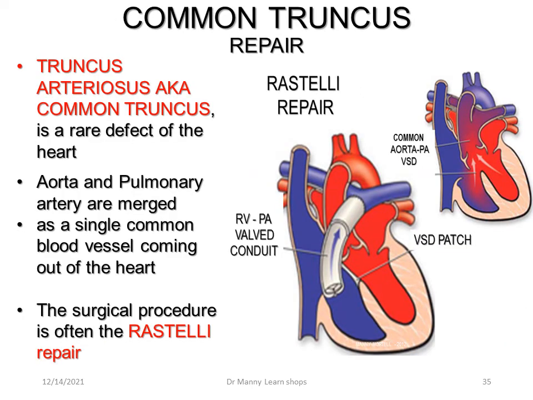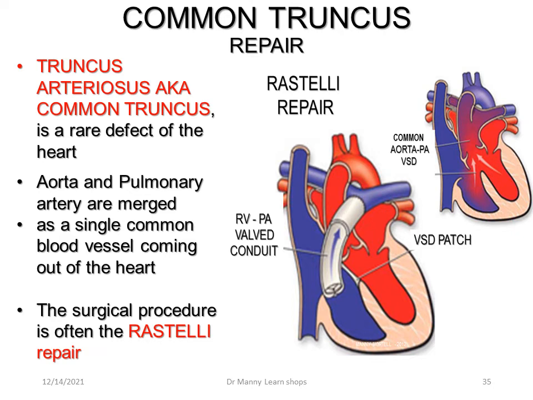Then you've got the truncus arteriosus, or now commonly referred to as common truncus, and repair. The truncus arteriosus, also known as common truncus, is a rare defect of the heart. The aorta and pulmonary artery are typically single vessels. However, in this situation, they're merged into a single common blood vessel coming out of the heart, and the procedure is typically done using the Rastelli repair because it's usually more complicated than just the common truncus.